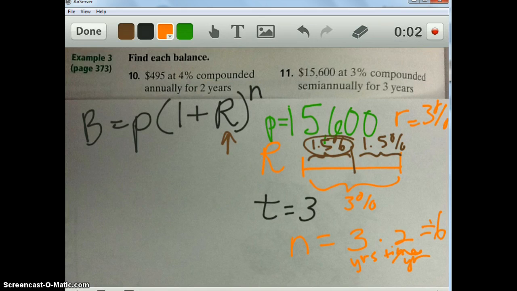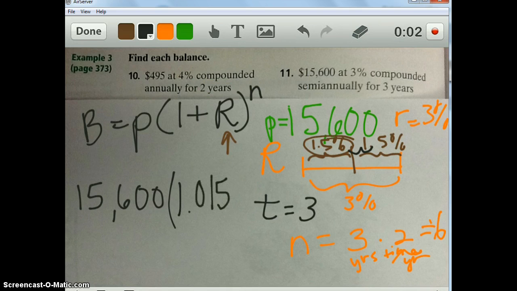So if I plug all of this in over here, my principal is $15,600 times 1, can't just use the 0.15, 1.015. Check and see where that came from if you can't find it. My 1.5% moved my decimal. And then the number of times I do it is 6.